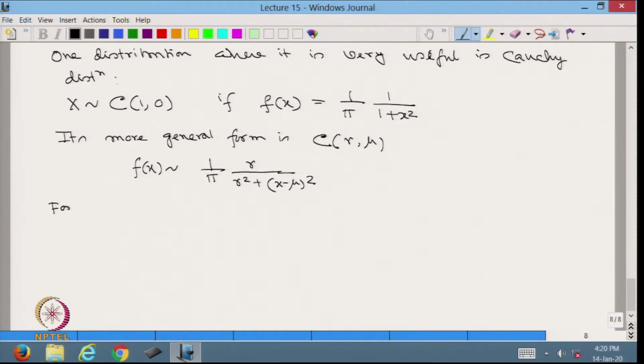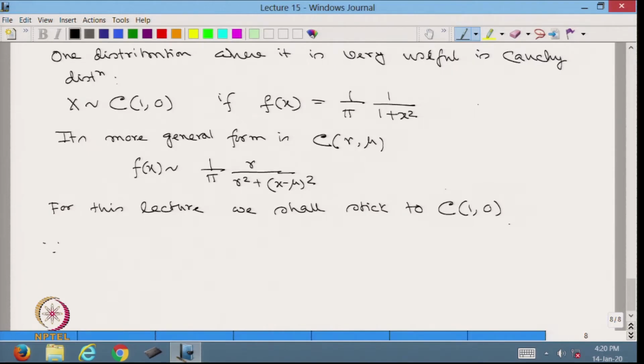For this lecture, we shall stick to C 1 comma 0.